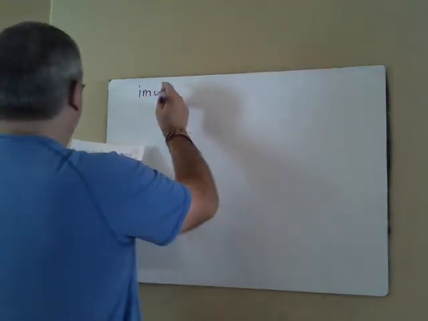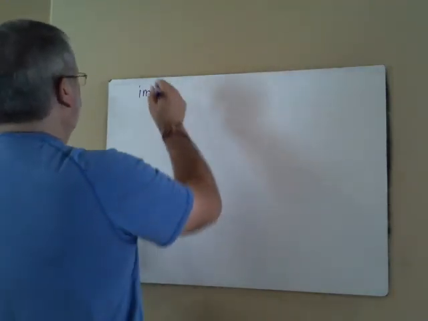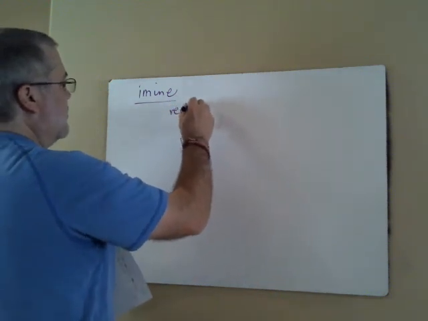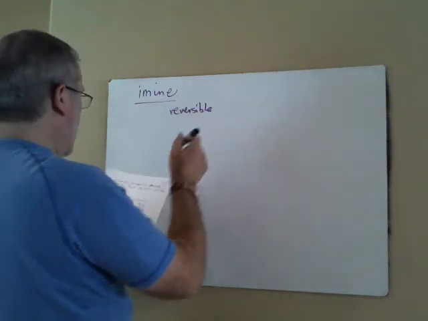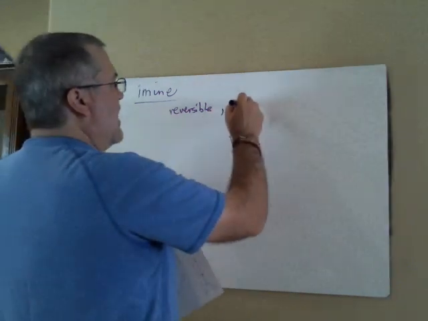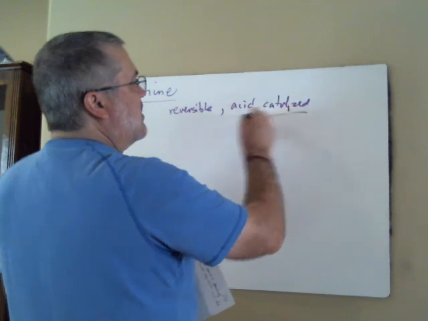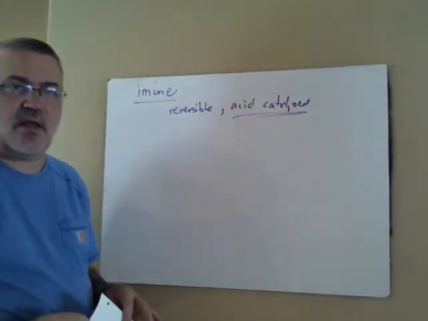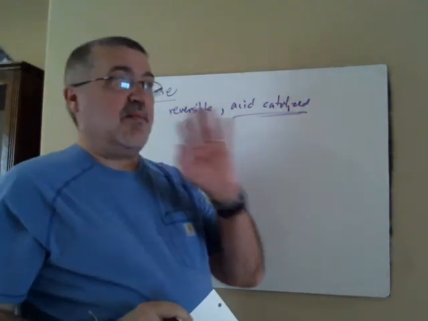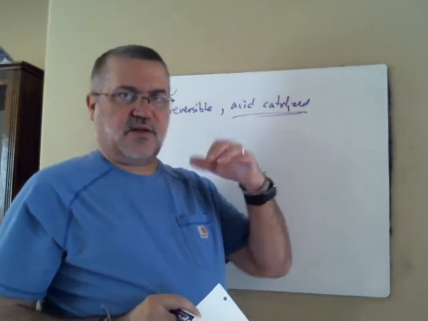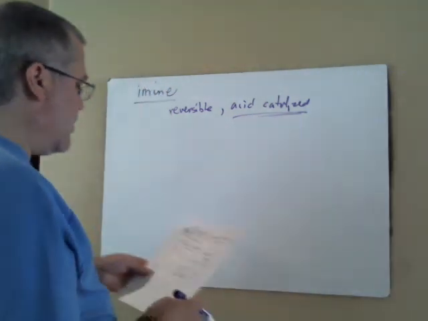When you have your imine formation, you're going to have a reaction that we said is reversible, and it's going to be acid catalyzed, but not in the way that we talked about before. As I said, it doesn't involve any catalysis for the initial reaction. The acid catalysis comes in later, as we're going to see.